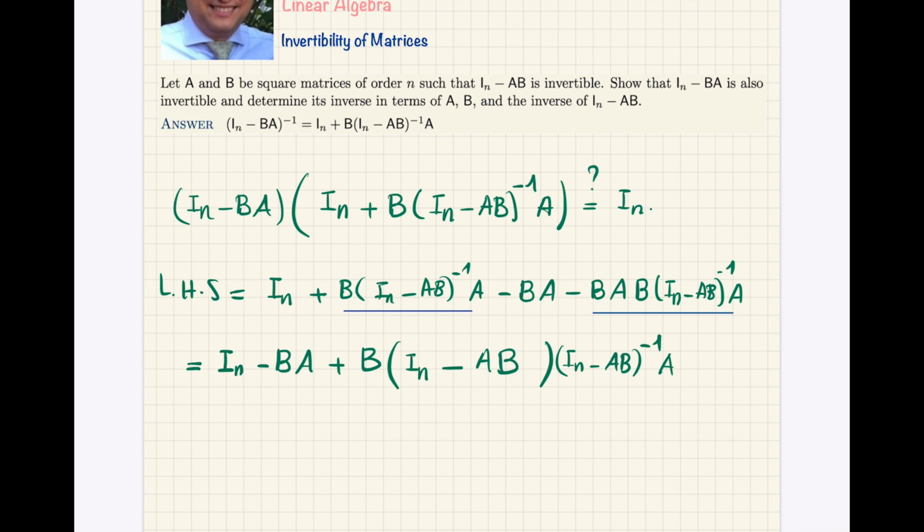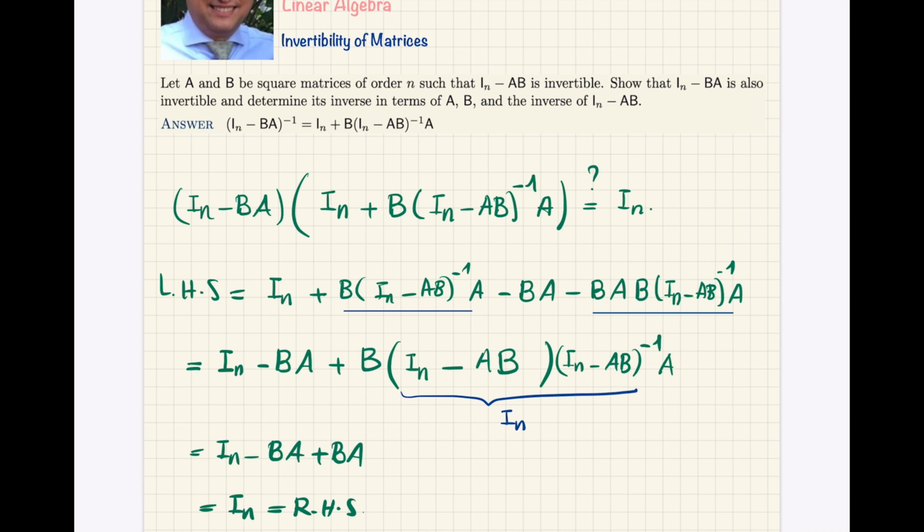So what I will get is that this is nothing except the identity matrix IN. And then this B times IN times A is just BA. So this becomes IN minus BA plus BA. And then finally this becomes IN, and this is equal to the right hand side.